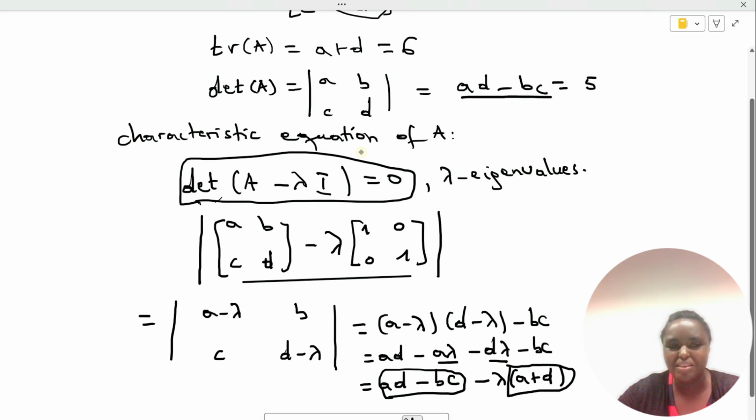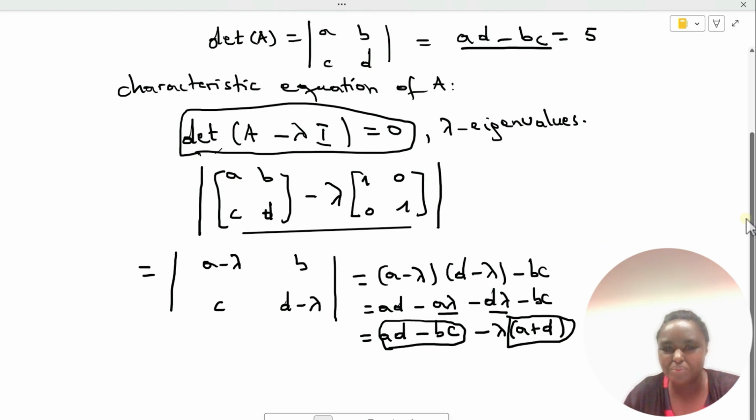So then our characteristic equation becomes, there is one term which is missing. We also have minus lambda times minus lambda, which is lambda squared, so plus lambda squared here.